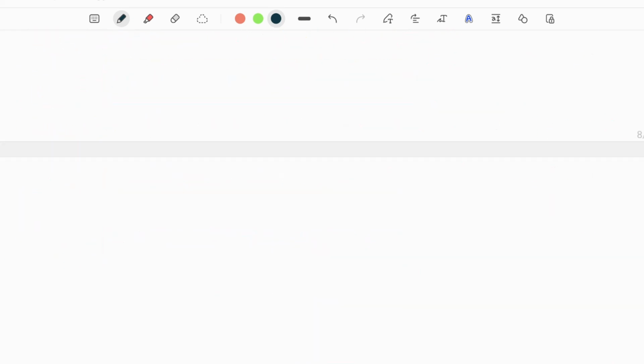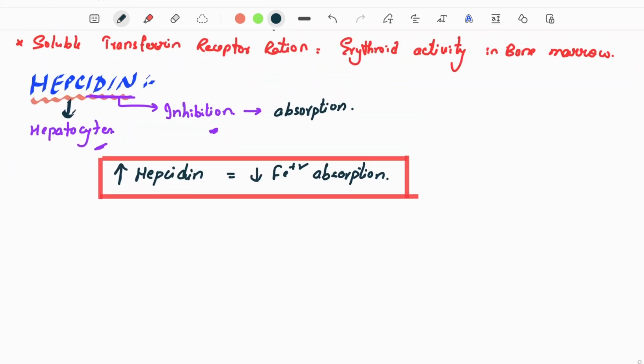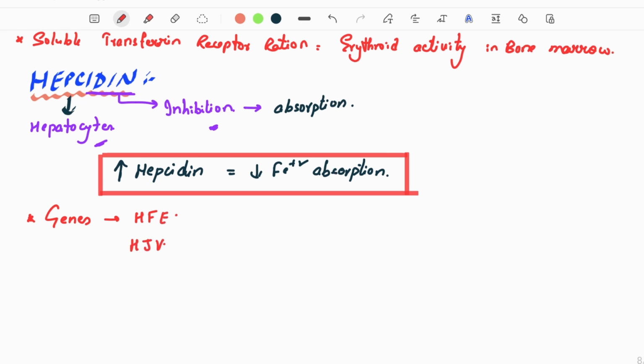So it's important to know the genes that regulate hepcidin. There are majorly 3 genes that regulate hepcidin. First one is the HFE gene, second one is HJV. These are useful for production of hepcidin.